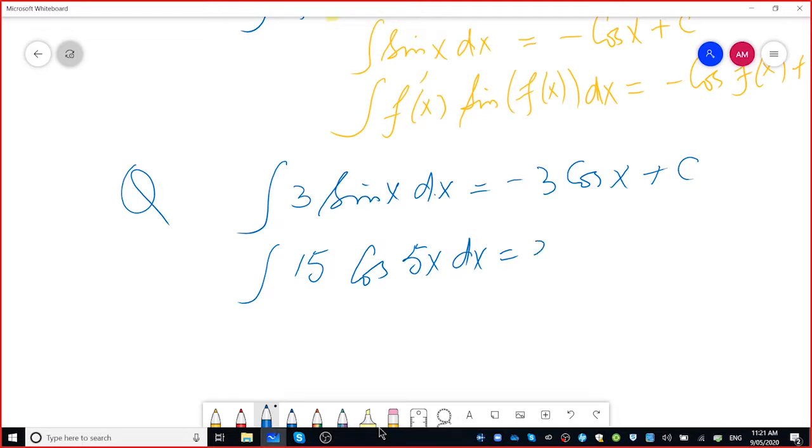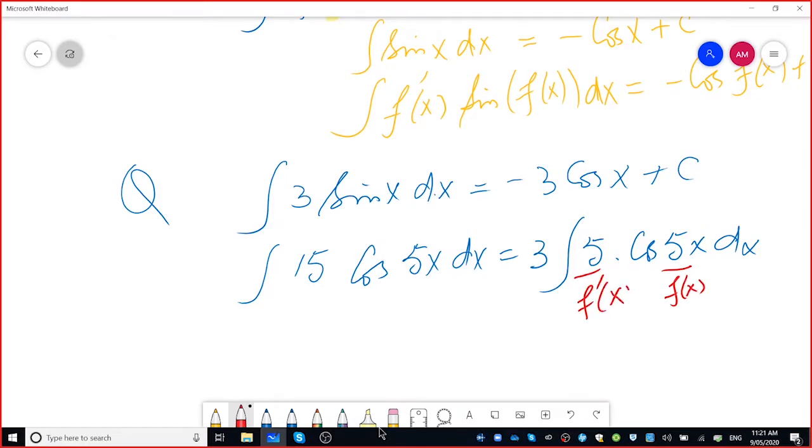Yeah, so actually you are doing it like this: 3, and then you put 5 times cos of 5x dx. Now if you look at here, this is your f(x) and this is your f bar(x). So this comes out to be, let me again take 3 cos of 5x.